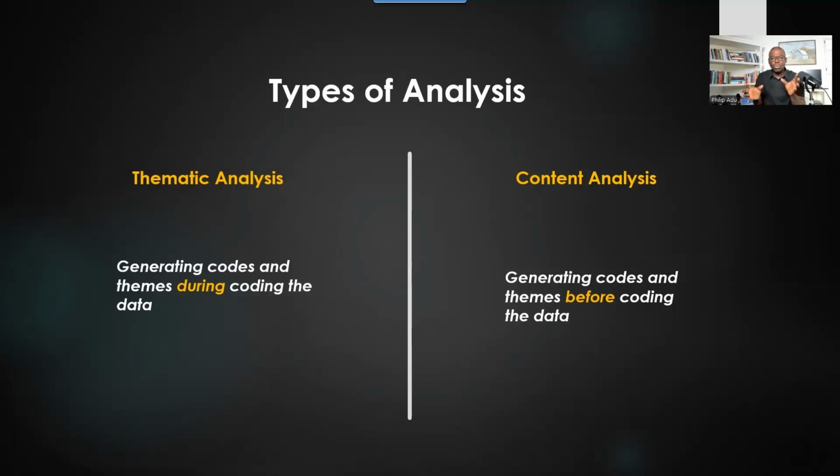So those are the two main types, but you know there are always going to be similarities. If you want to know more, you can read more about this so that you see which one you think is appropriate for your study. But for the purpose of this demonstration, I'm going to use the thematic analysis process, where it follows the inductive process.